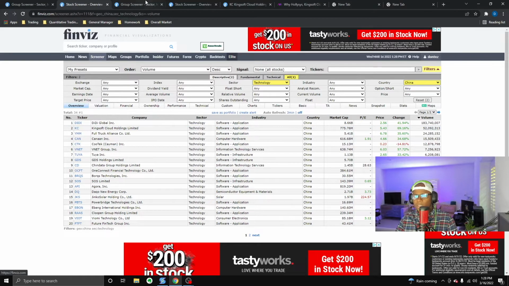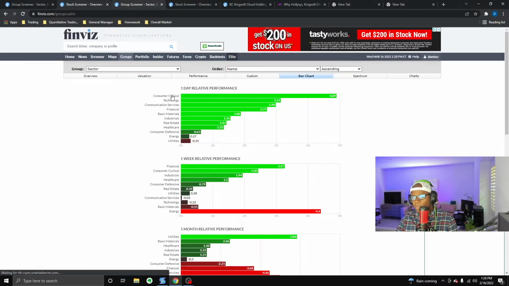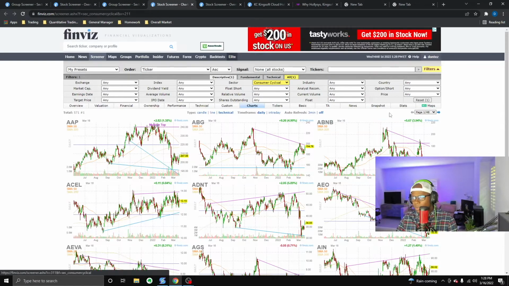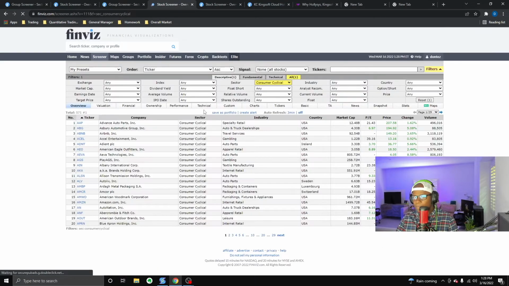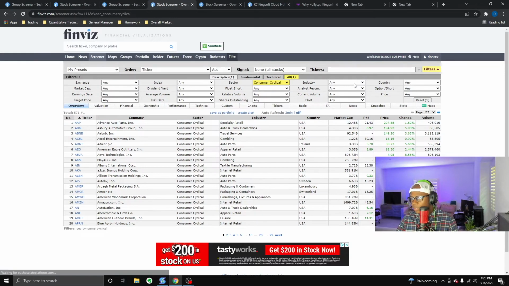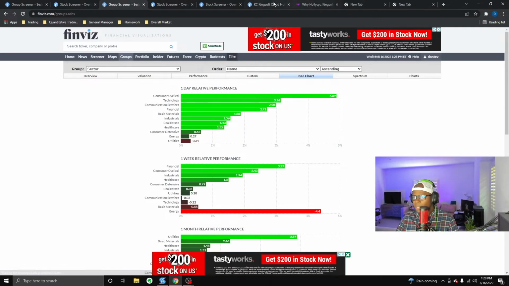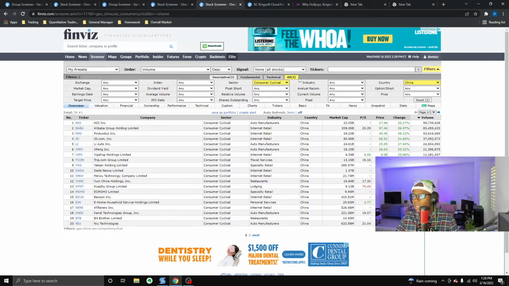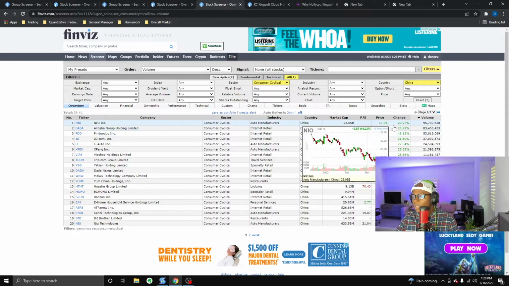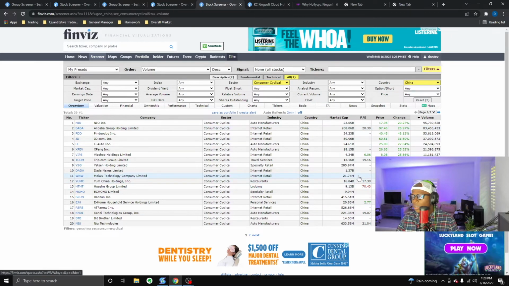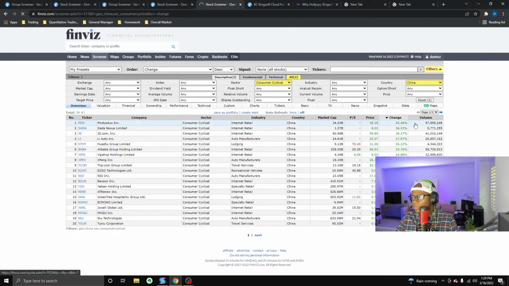But actually, I'll take that back. Before we do that, let's compare China stocks on other tickers or other sectors. So if we do consumer cyclicals, because it's still the top of the day, you will see there's a lot of volume.